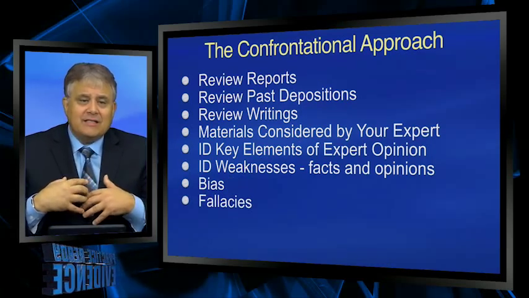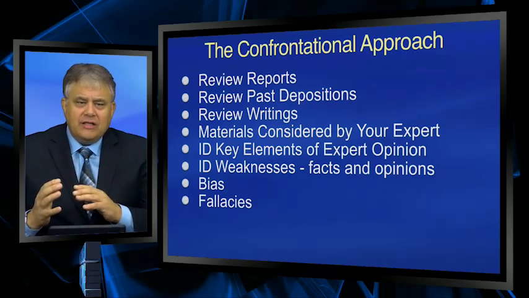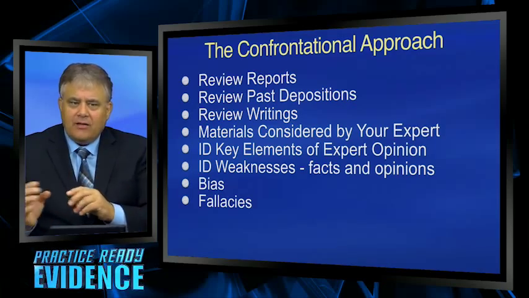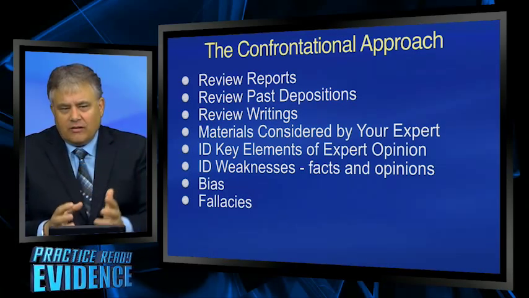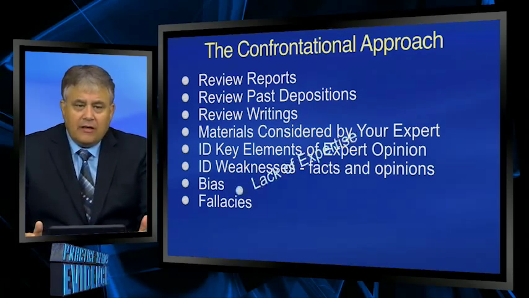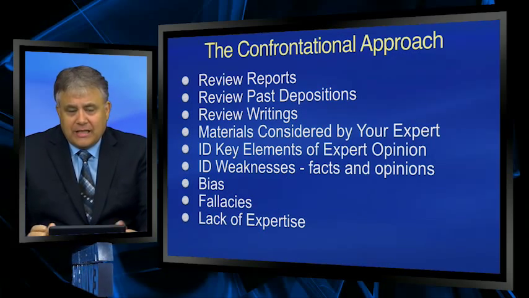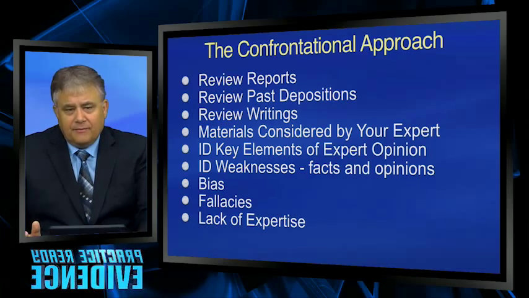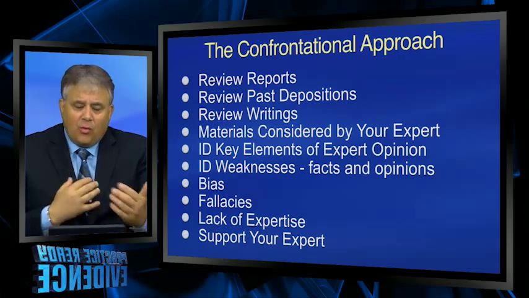Any fallacies in their logical reasoning, whether it's a factual fallacy of how they put the facts together, or a logical fallacy in the way that they've reasoned the opinion itself, and maybe they just don't have the expertise to testify. And can I get stuff out of them that supports my expert?